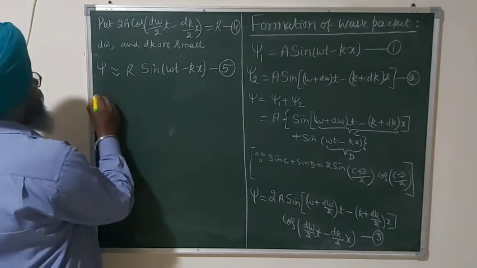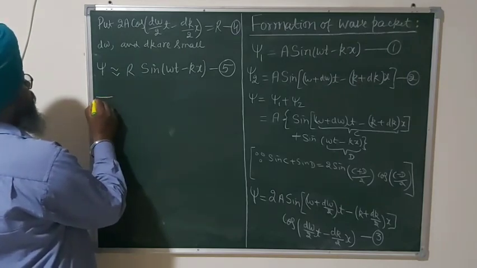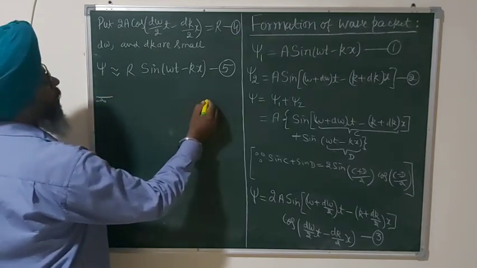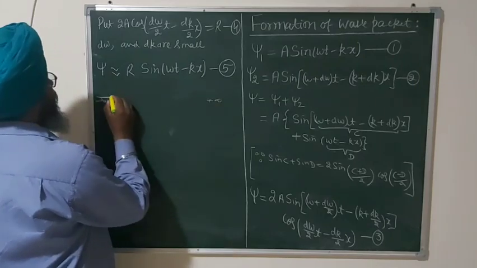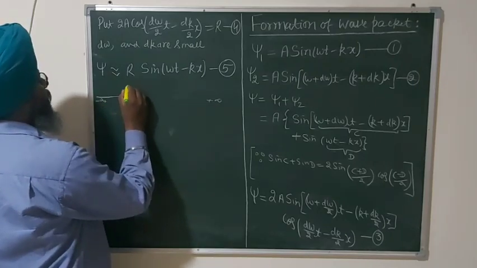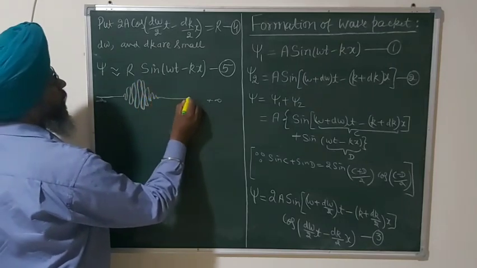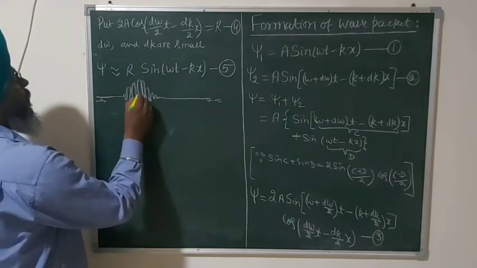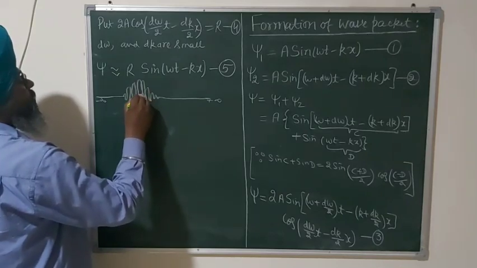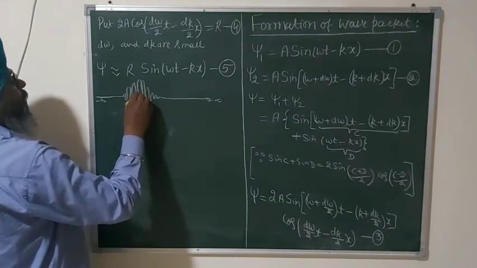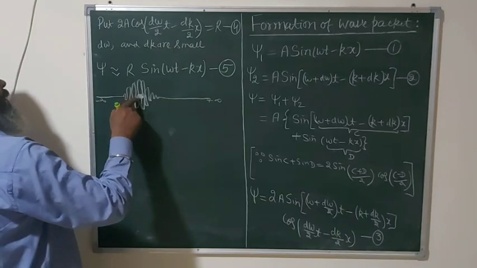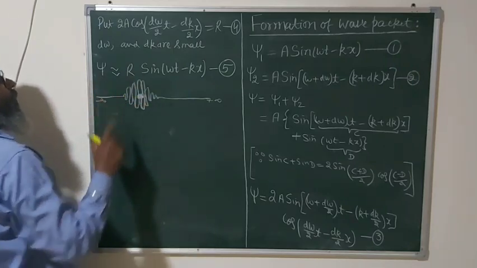Okay, let us see. Now suppose this is minus infinity and this is plus infinity, and the wave packet at a given instant of time is here and the particle is somewhere in the wave packet. Kindly remember, the particle can never come out of this wave packet.